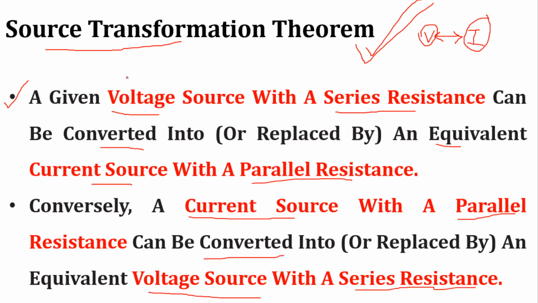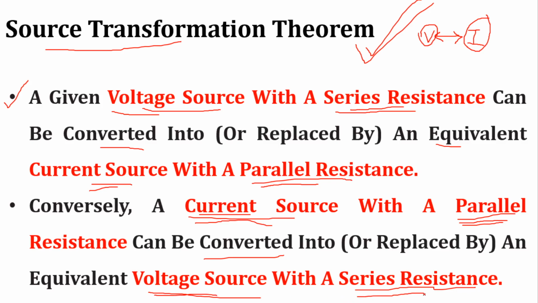That means the condition is that a voltage source is required with its series resistance, and in the other case a current source is required with parallel resistance. So a voltage source with series resistance, we can convert into a current source with parallel resistance, and in the same way a given current source with parallel resistance can be converted into a voltage source with series resistance.